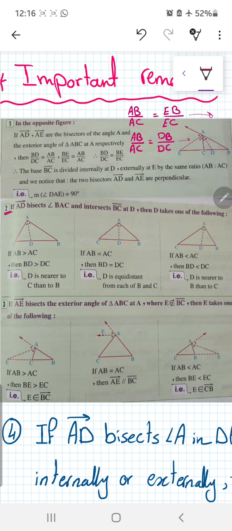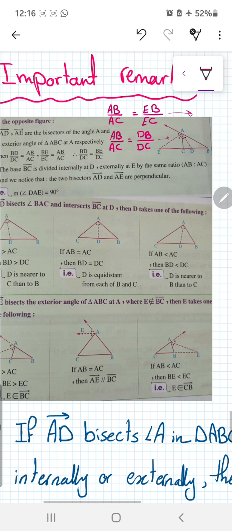First, if AB is greater than AC, then absolutely BD is greater than DC. It means D is nearer to C than B. Another remark, if AB equals AC, we get D is the midpoint, which is DB equals DC, and also D is at equal distance from B and C. The last one, if AB is smaller than AC, we get DC is greater than BD.